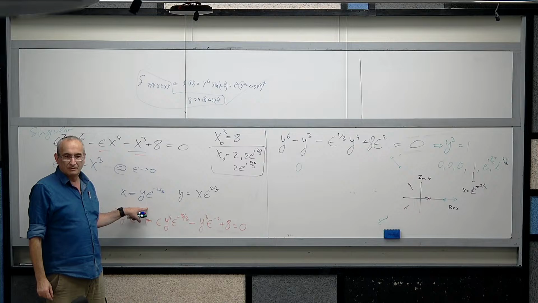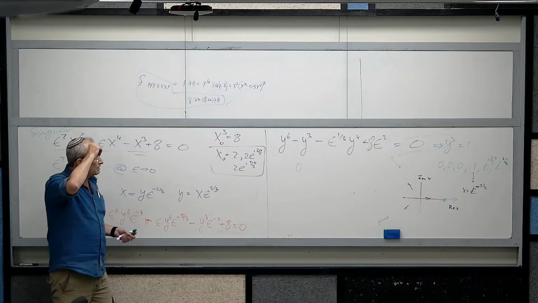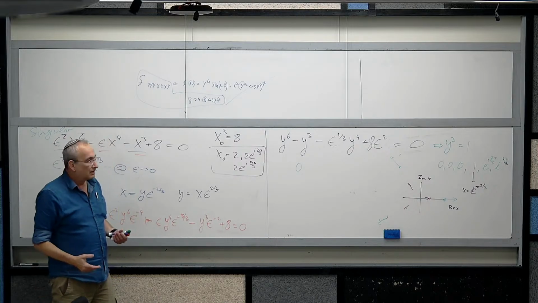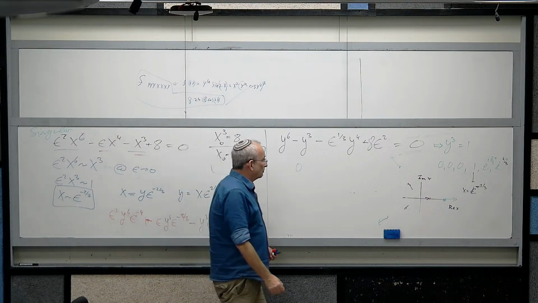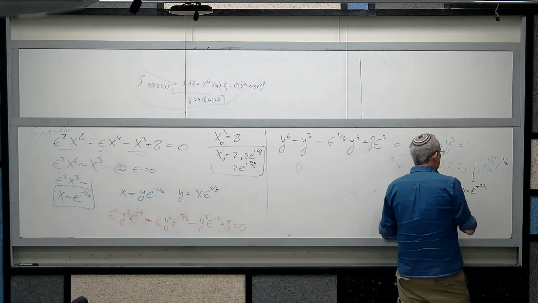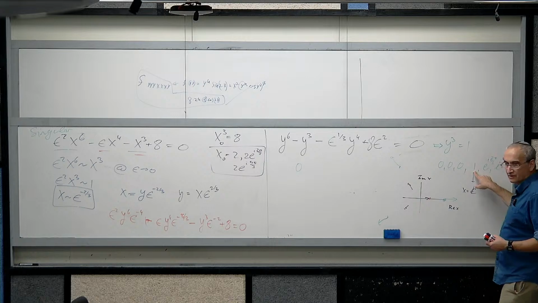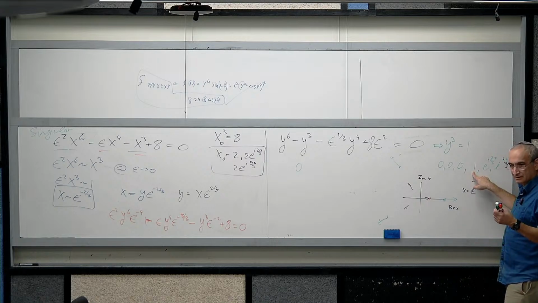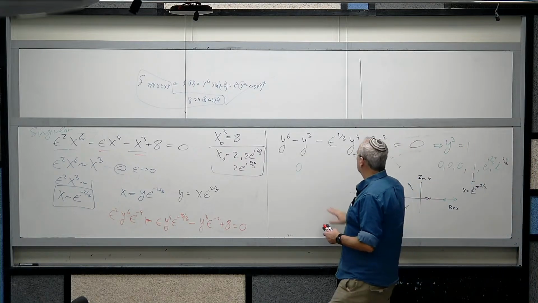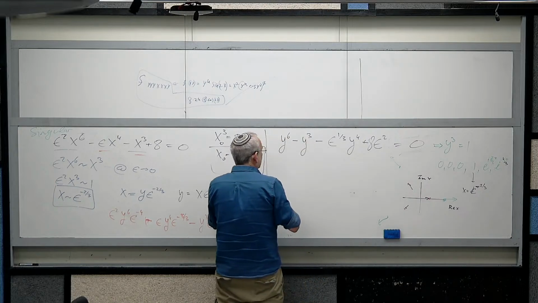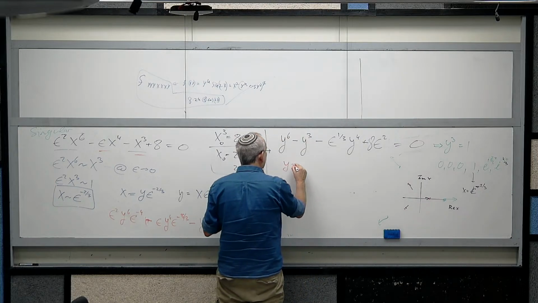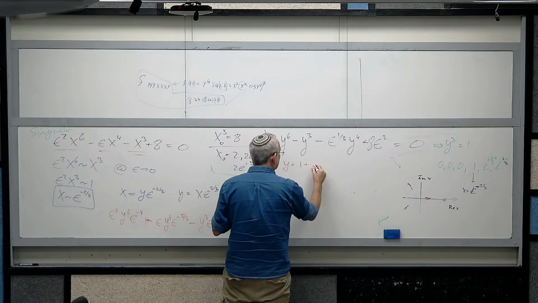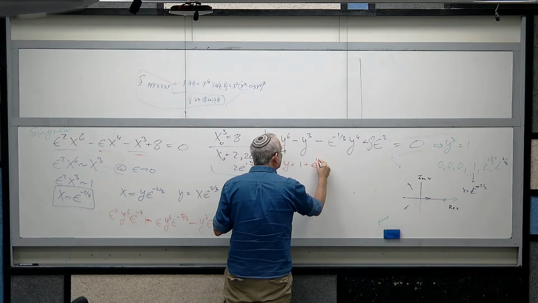Now, if you want, for example, to calculate the correction to this solution, to 1, say, then I will write y equals 1 plus epsilon to the 1/3.